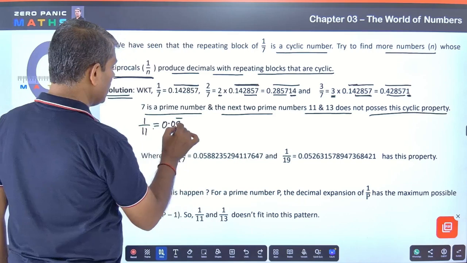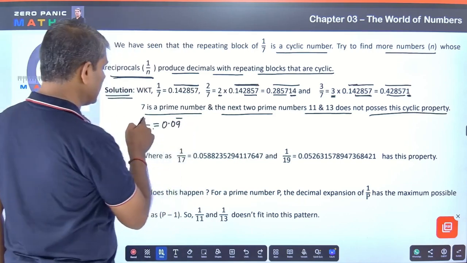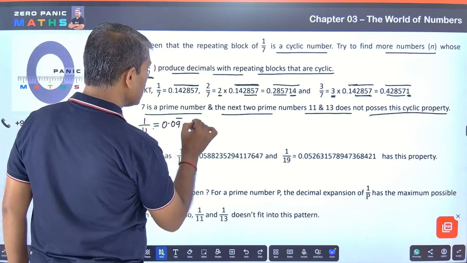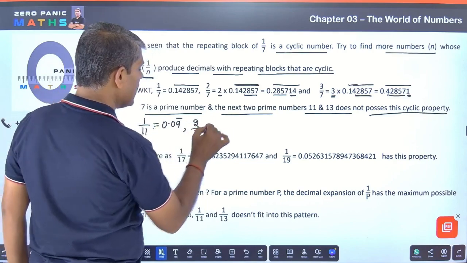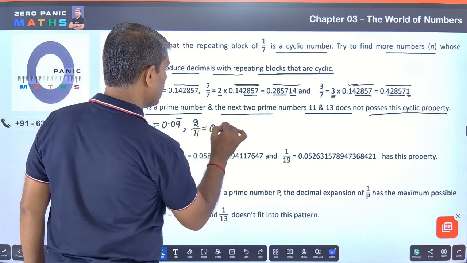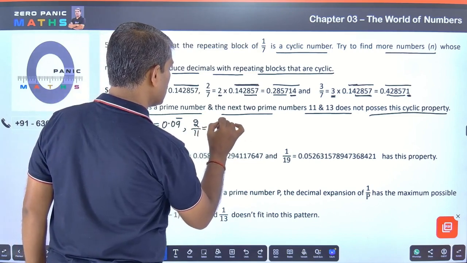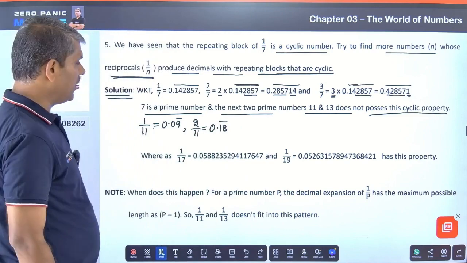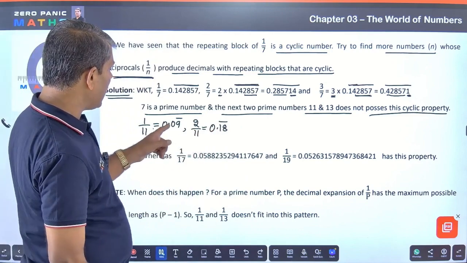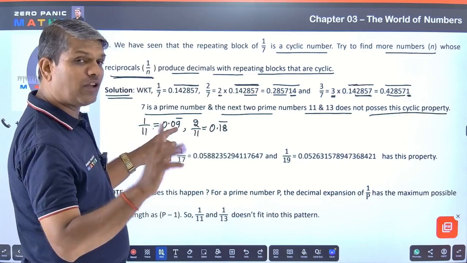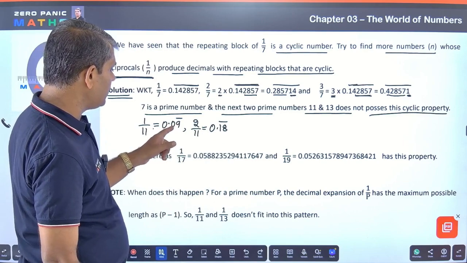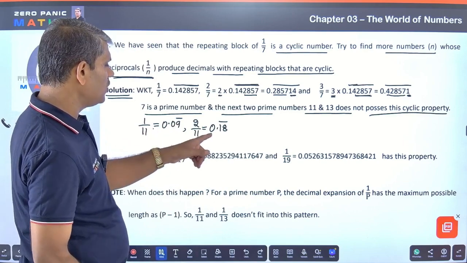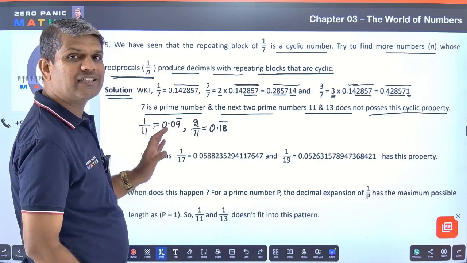But if you multiply this with 2 to get 2 by 11, it will be twice of this, and it will be 0.1818 repeating. Is 0.18 created by shifting the digits of 1 by 11? No. So this does not possess the cyclic property.